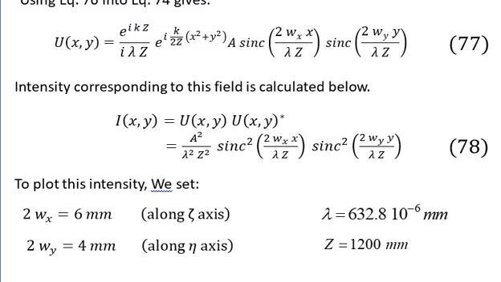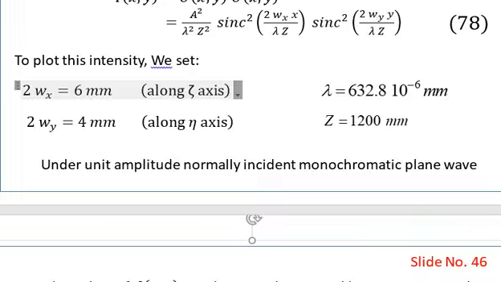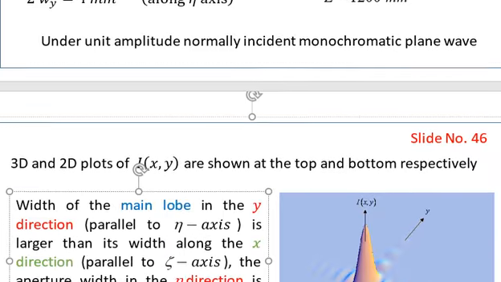So we have set up all the parameters, and using the formula in equation number 78, we are plotting the intensity, assuming that the rectangle was illuminated by a unit amplitude normally incident monochromatic plane wave.